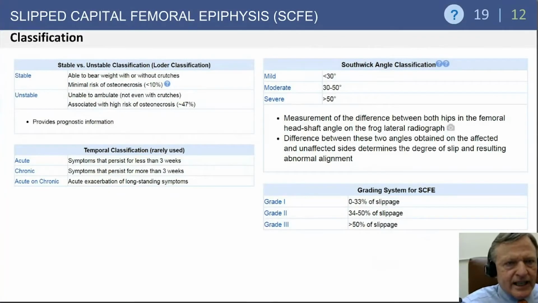I think the classifications for SCFE, there are simple grading systems, and we're probably not going to see much more than the grading system of grade 1, 2, and 3, 33% up to 50% and greater than 50%, and then also the temporal classification.